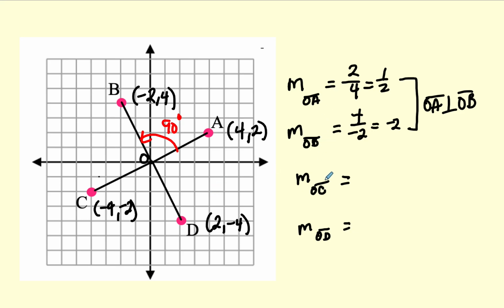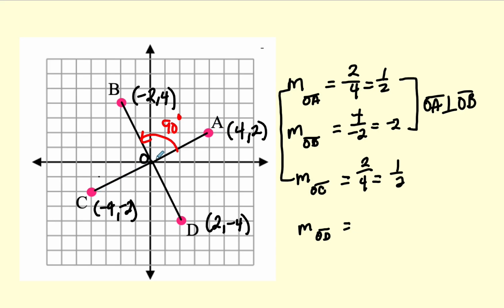Now let's take a look at the slope of OC. OC is right here. We're going to go up 2 and then we're going to go over 4. So this has a slope of 1/2. Now this is also the same slope as this one over here. Since they have the same slope, they're on the same line.